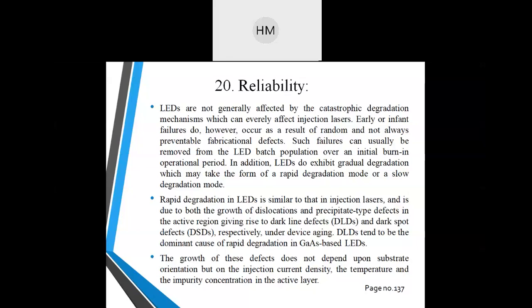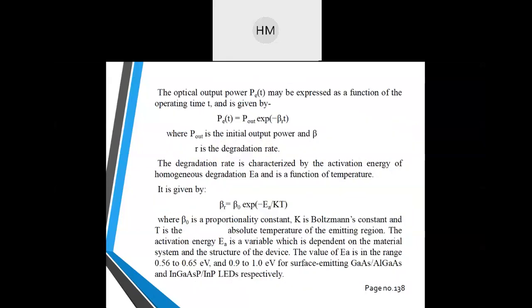Rapid degradation in LEDs is similar to that in injection lasers and is due to the growth of dislocations and precipitate type defects in the active region, giving rise to dark line defects. Dark spots can exist. So this reduces your reliability. Generally rapid degradation is less common; gradual degradations occur in LEDs. So this is the reliability.